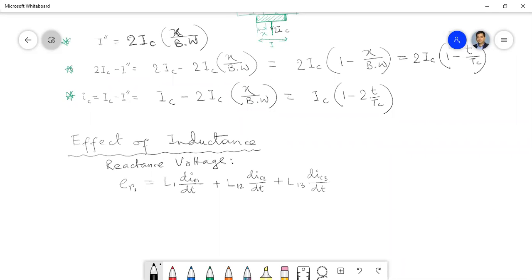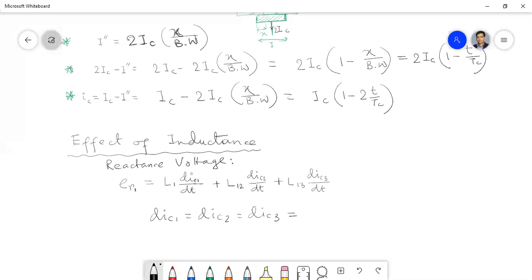Now the only thing which is the same for all is the change in current. As the current change is always from plus IC to minus IC level, whatever the value of dIC1 or dIC2 and dIC3, this is always the same. What is this value? 2 into IC. Correct.